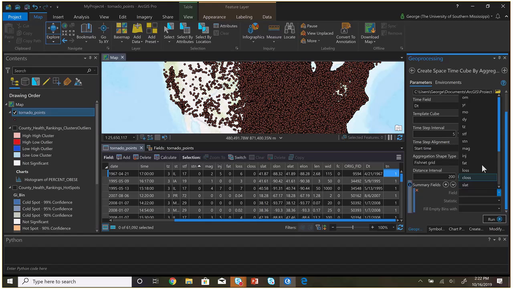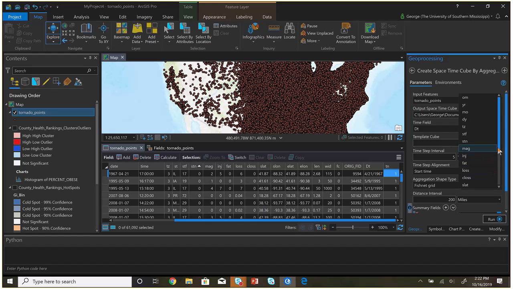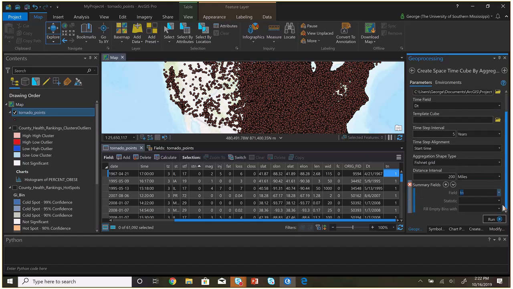Okay, then the field is going to be the sum of that TN field I just created, which is just everything's a 1. So I'll get just the count of tornadoes. Execute it. Oh. Fill empty bins with zeros. In other words, no tornadoes happened, then that's fine.